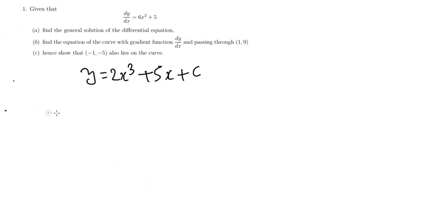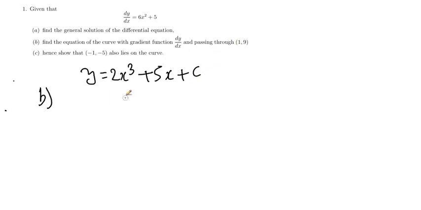So part B, we are asked to find the equation of the curve with the gradient function dy dx, and which is passing through that point. So what that means is that we are just going to use this same equation that we have and input the values of x and y, and then find the value of c.